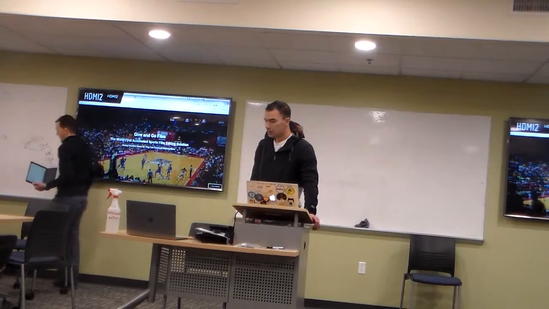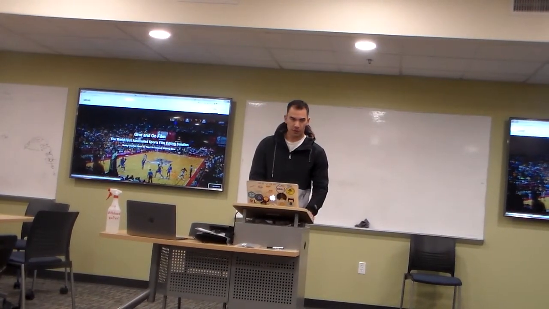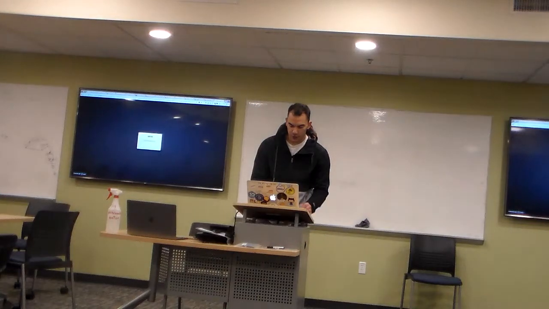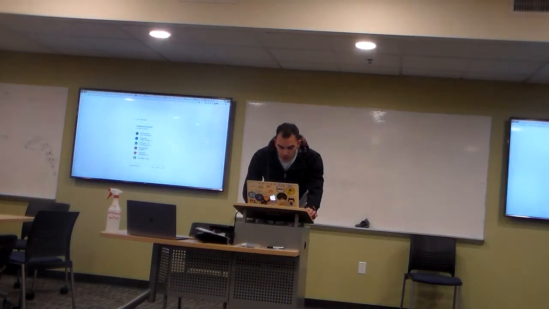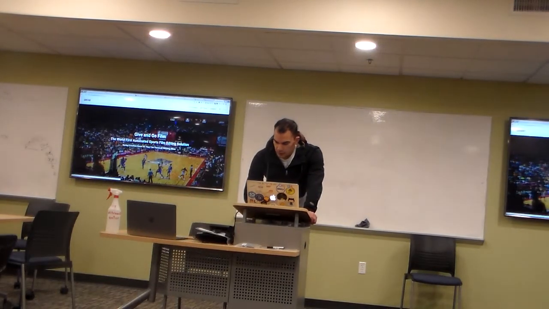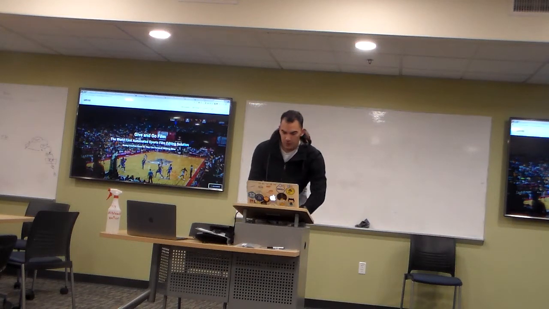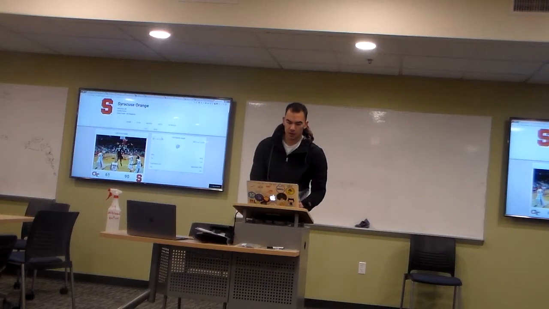Alright, so let's walk you through the basic user flow. Let's say I'm a coach for Syracuse and I want to see what happened. I log in with the proper account, and then I can search for, say, Syracuse Orange. This page shows the previous game, the upcoming games, and all that.